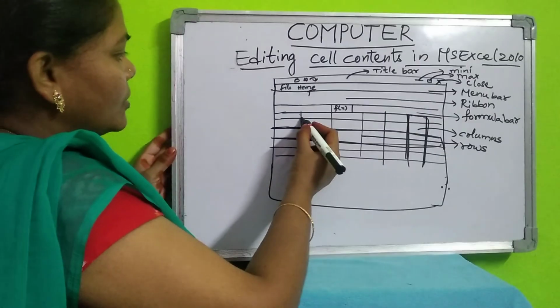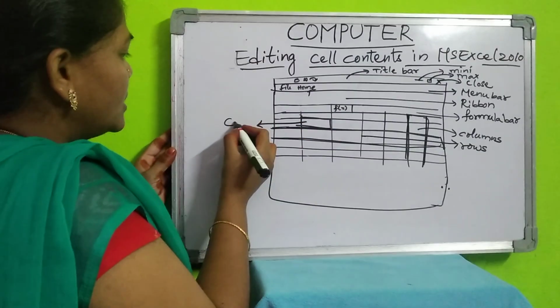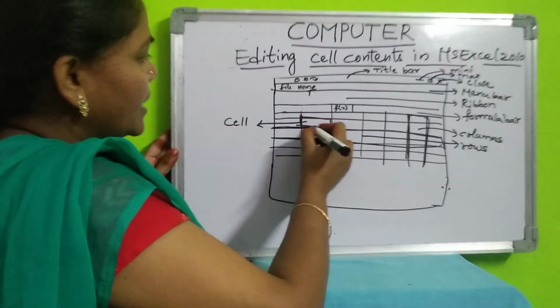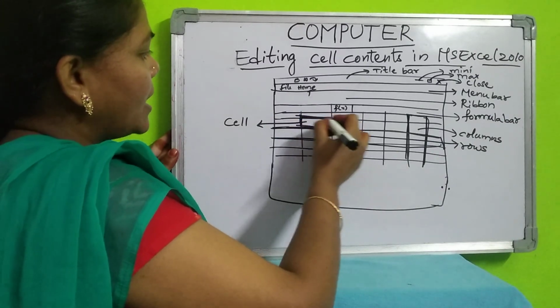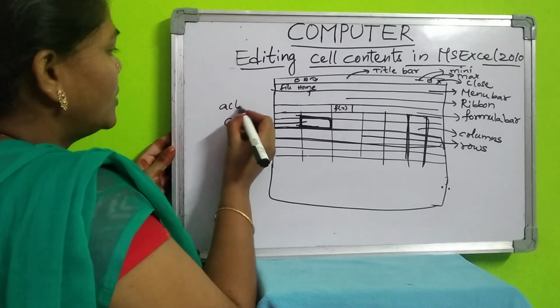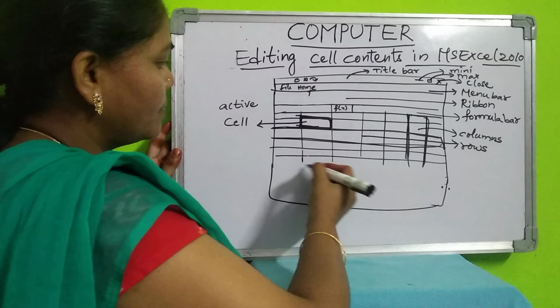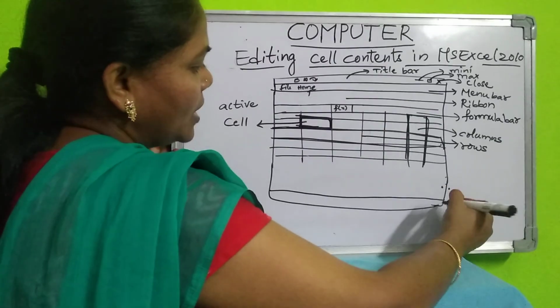The intersection between a column and a row is called a cell. Whatever cell you select is the active cell, and it is highlighted with a black border. Whenever you select any cell, that is the active cell.